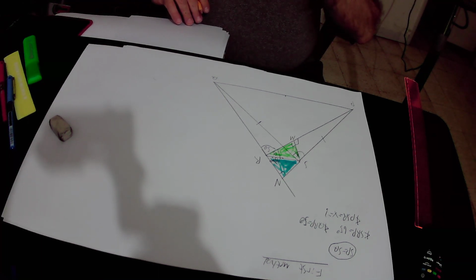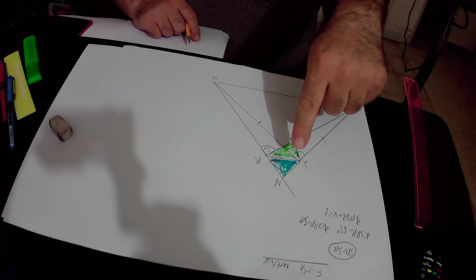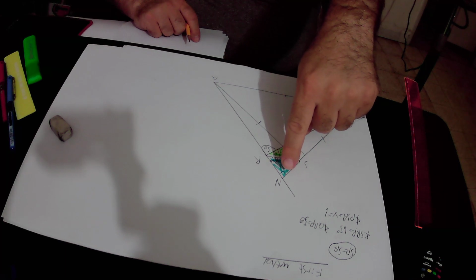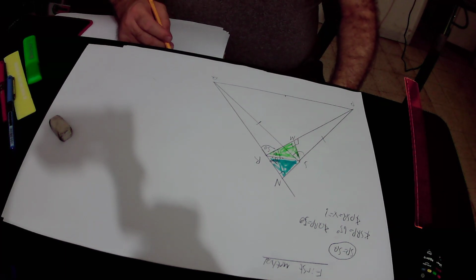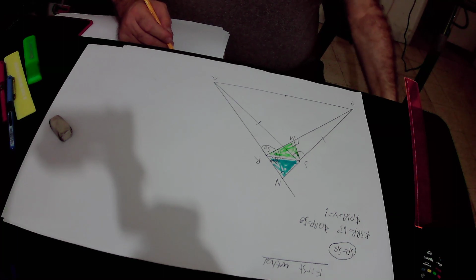And the third angle, actually those two angles are both right angles and they are equal to each other. They are actually equal to 90 degrees.